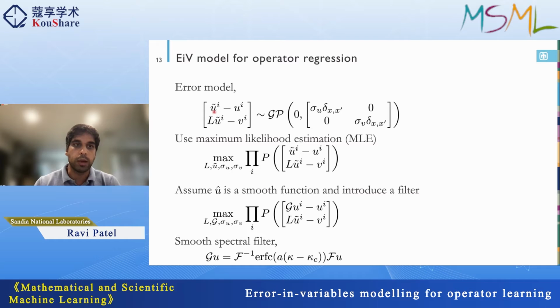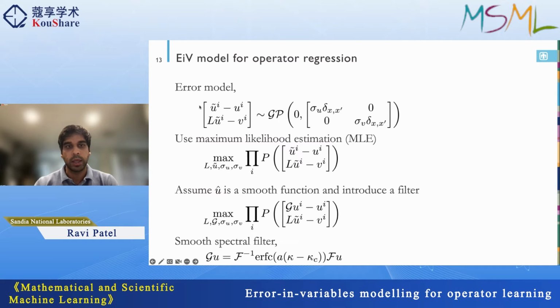We'll assume that we can recover this u tilde, a noiseless version of u, from the noisy data u. And then given that, we'll look at the joint distribution between u tilde and u, as well as the action of the operator on the noiseless u versus the output data.